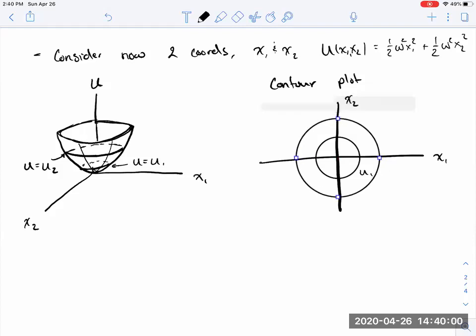Here's a line of constant potential u2. Okay. There are many such lines. Right, so that's 2 different representations.